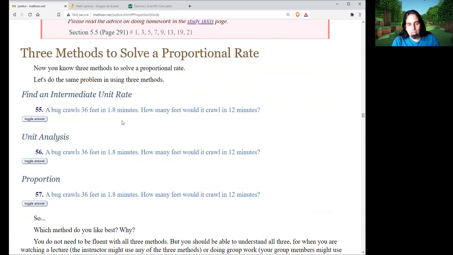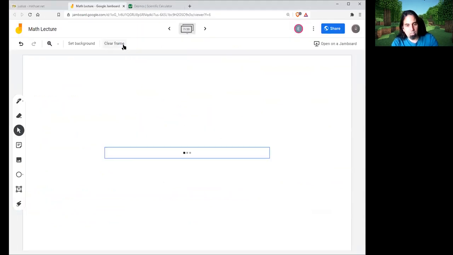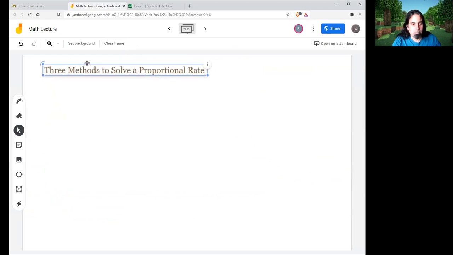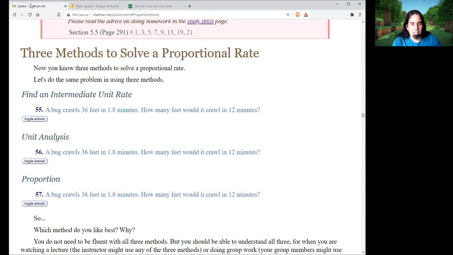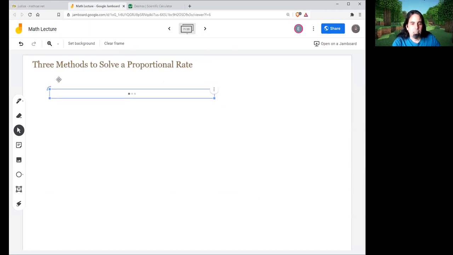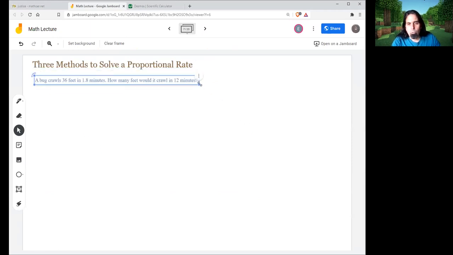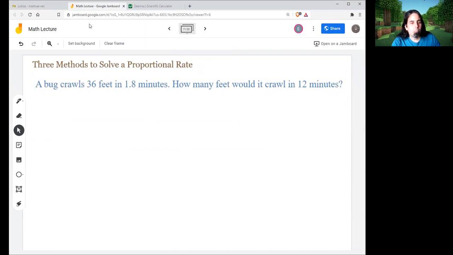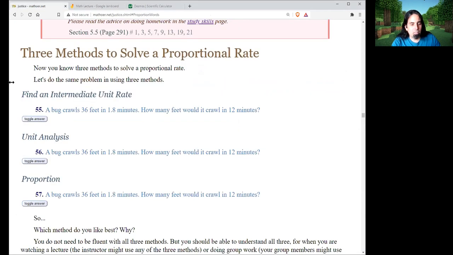I want to talk about how we know 3 different ways to do the same thing. So let's talk about that. I will clear this. You are not responsible for being able to do all of these equally quickly.